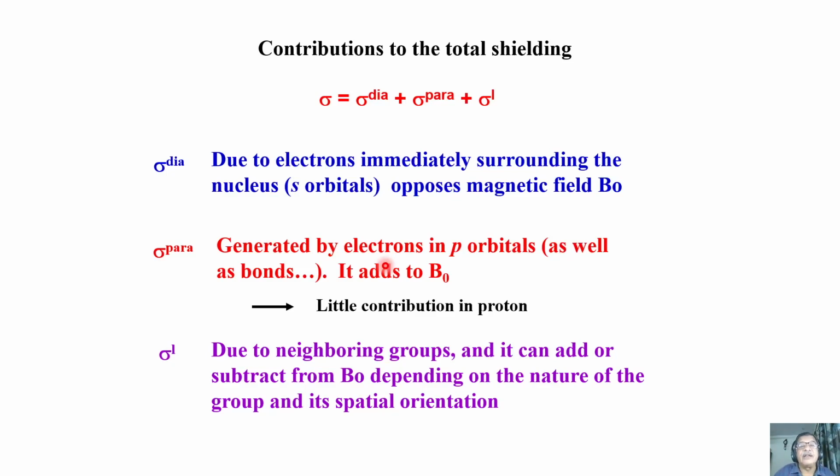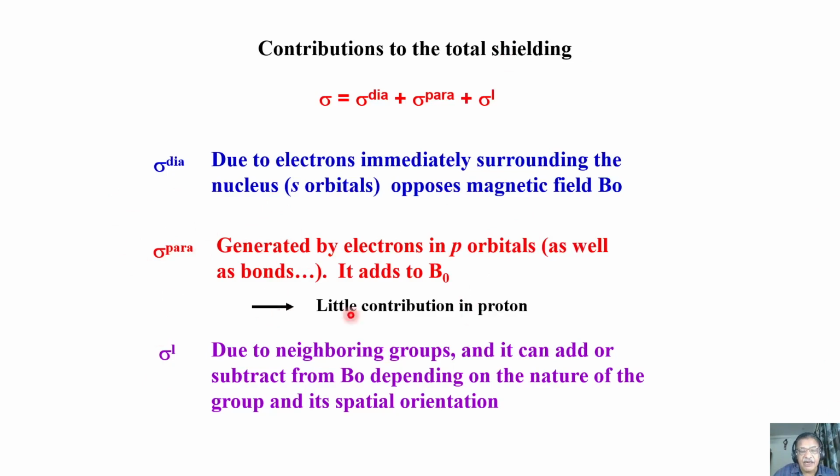In NMR jargon, generally any nucleus apart from proton is called an X nucleus. Proton spectrum is generally studied the maximum number of times. So any nuclei like carbon, silicon, nitrogen are considered to be X nuclei. So for X nuclei other than proton, this contribution becomes dominant.